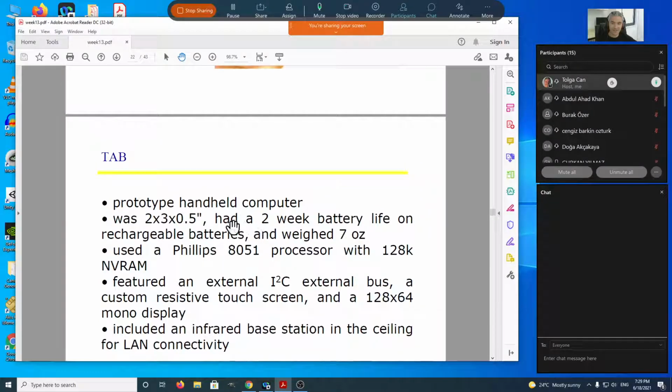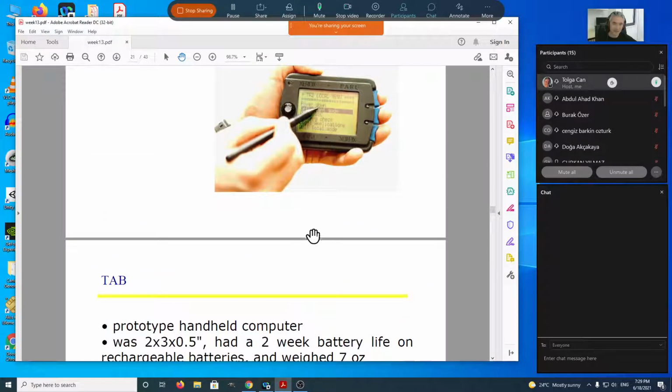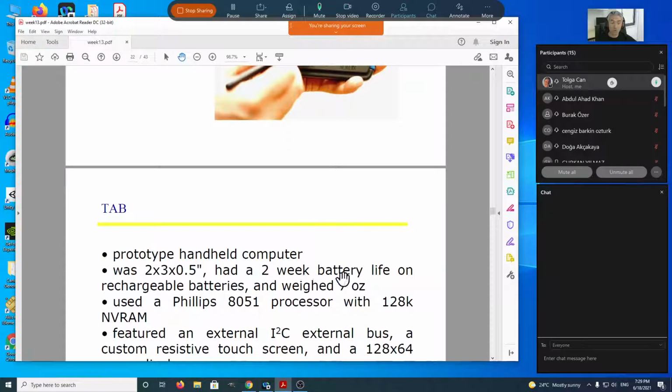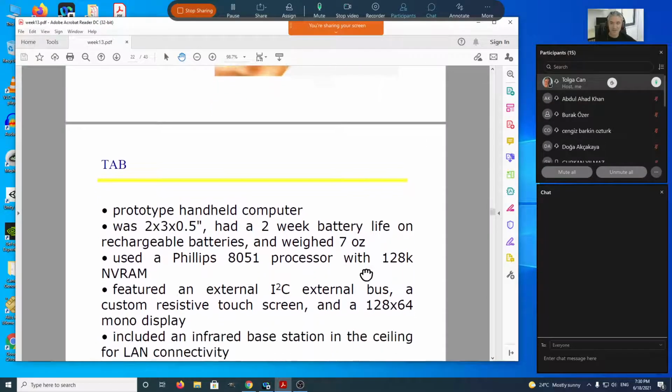The good thing is that for certain things, it actually is better than today's tablets, like a 2 week battery life. Who has a 2 week battery life on a tablet these days? My children are charging their iPads twice every day if they're using them a lot, for example.